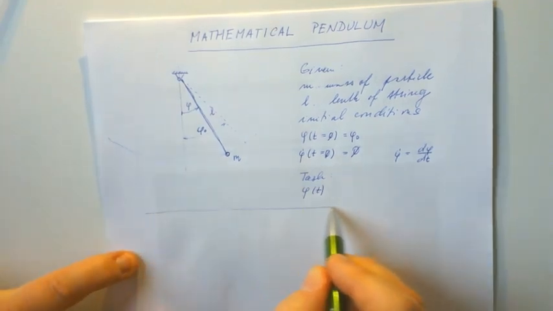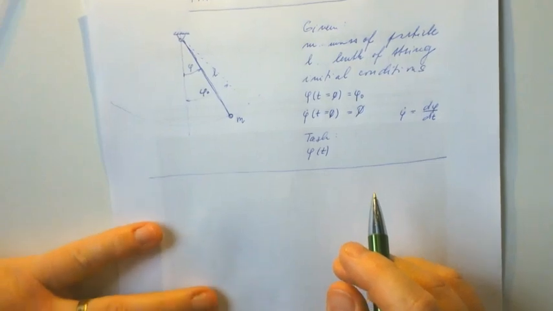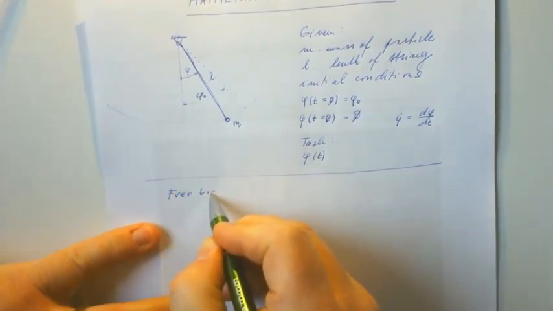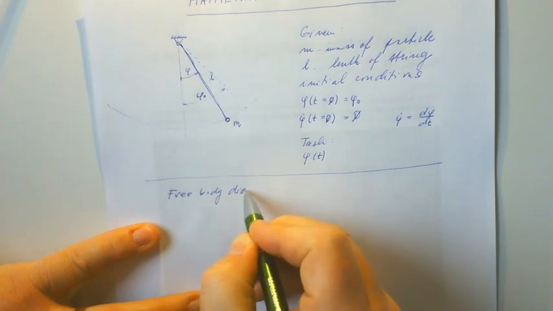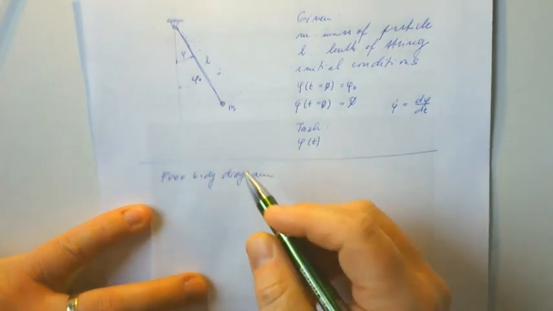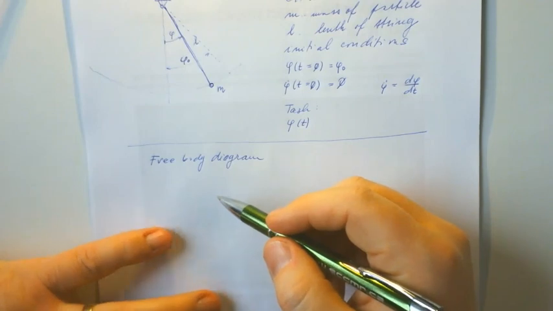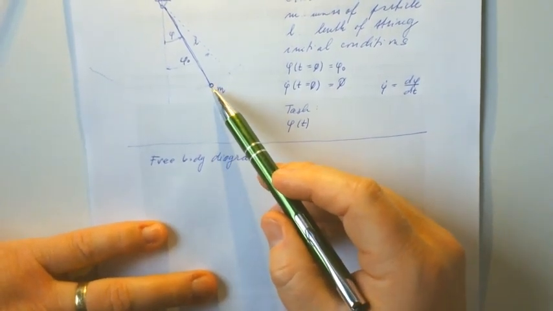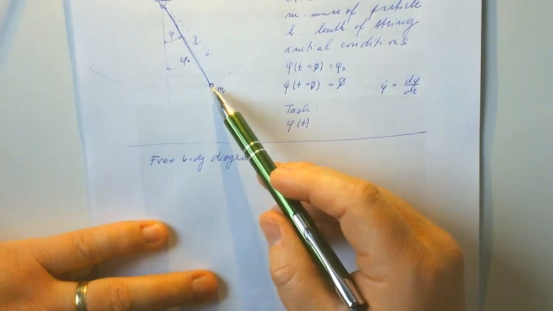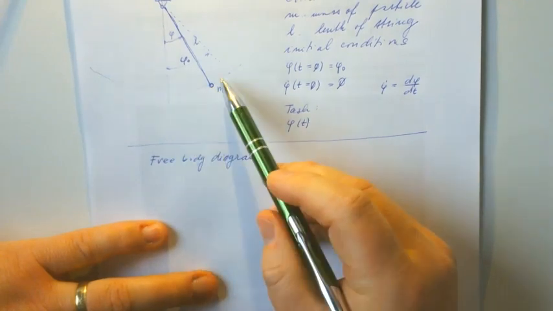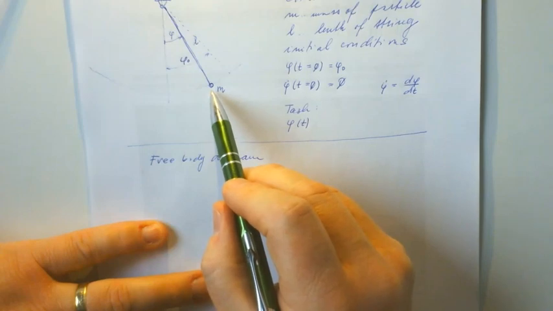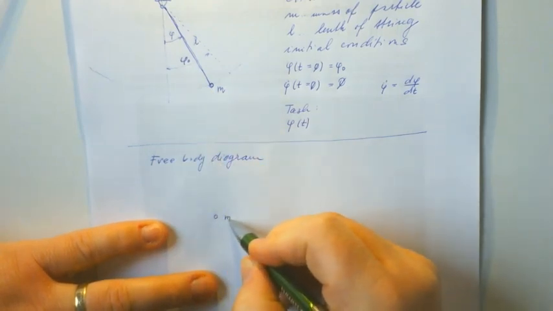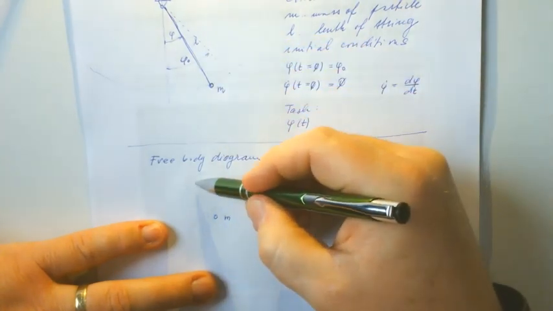Okay, so first we need to draw free body diagram. We must always draw free body diagram at general position, not at special position. So this is good general position. So I draw m in this direction.